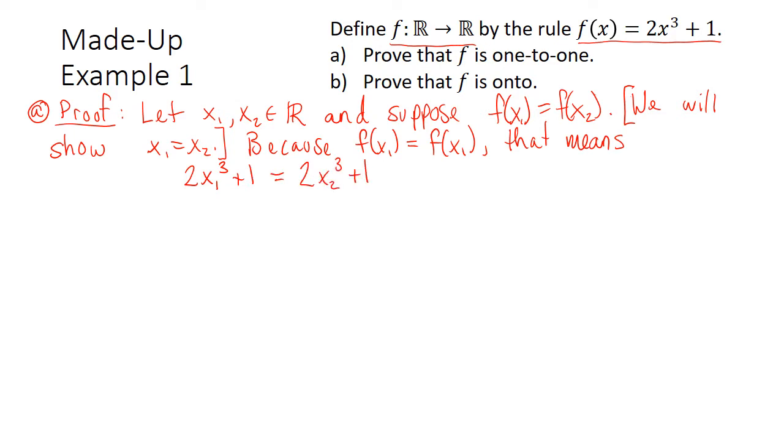Then you just work with this equation until you get x1 equals x2. I'm just going to eliminate the 1 on both sides, so I get 2x1 cubed equals 2x2 cubed, and then cancel the 2's on both sides. Now I have x1 cubed equals x2 cubed, and then I'm just going to take the cube root of each side.